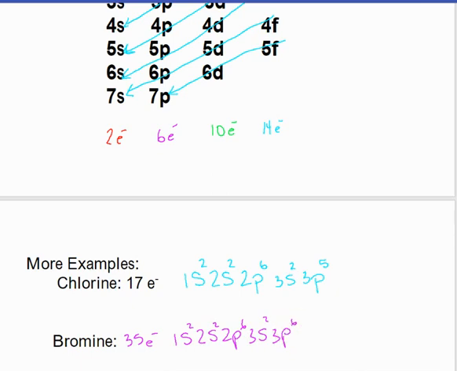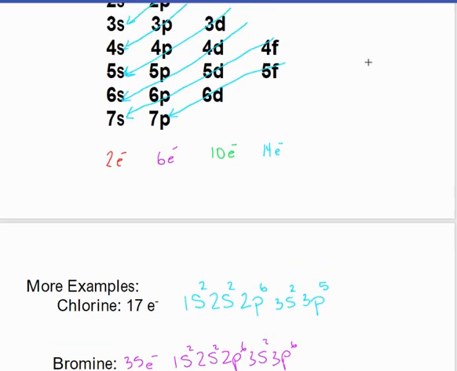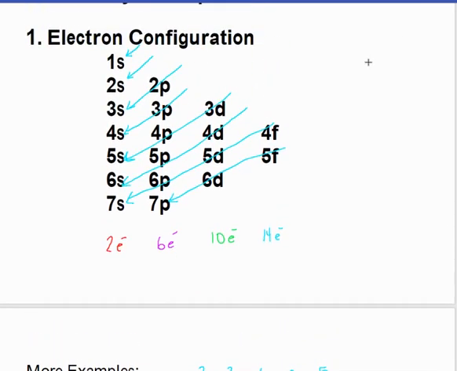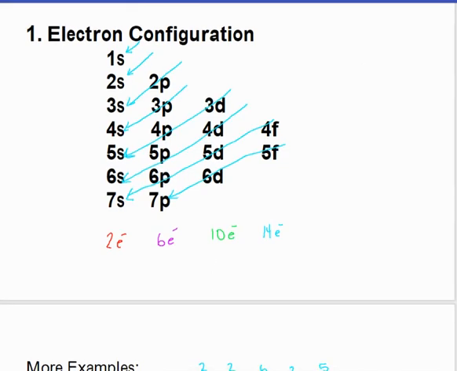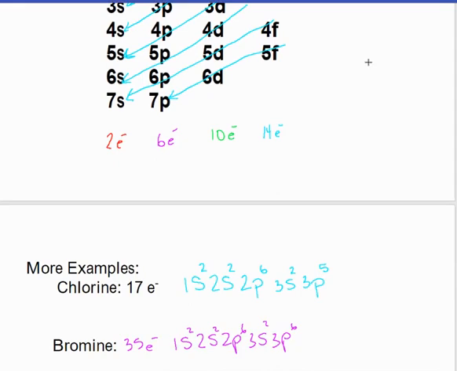That's 18. I have a lot more to go. What comes after 3p? After 3p is 4s, and then after 4s is 3d. So 4s2, and then we said 3d, and it can hold up to 10.